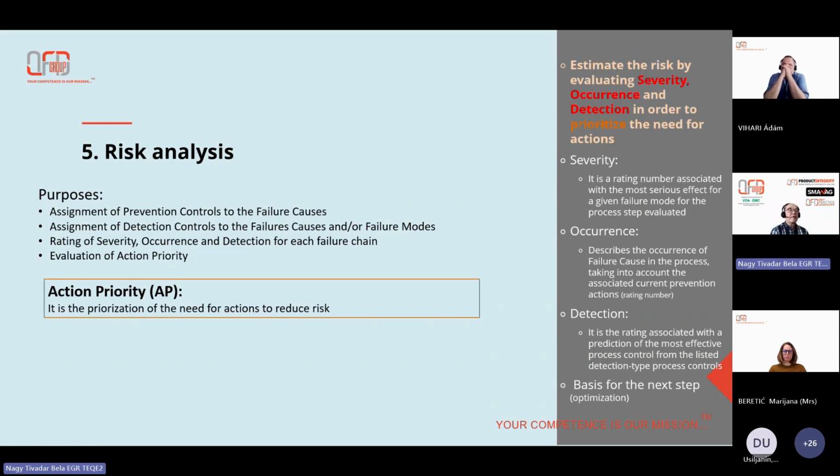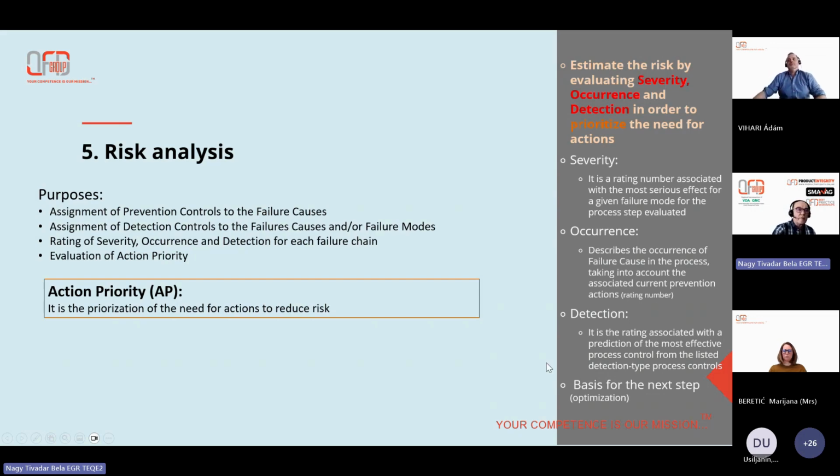What is the severity? The severity always belongs to the effect. What is the occurrence? Occurrence and detection belong to the failure cause, always the failure cause. The occurrence shows how effective our preventive measures are, and detection shows how effective the detection measures are.